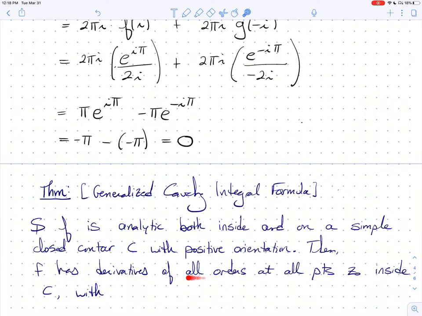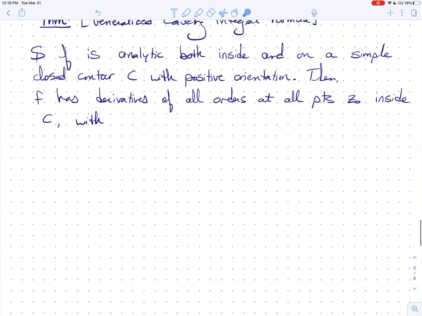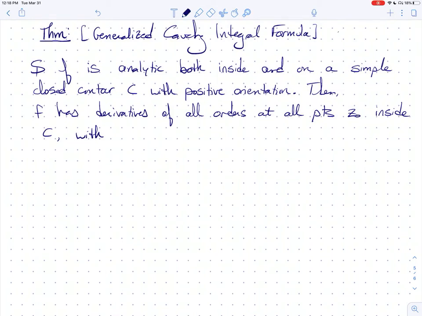Then f has derivatives of all orders at all points z naught inside C, and I thought I would write out the equation for you. So here's how it goes.